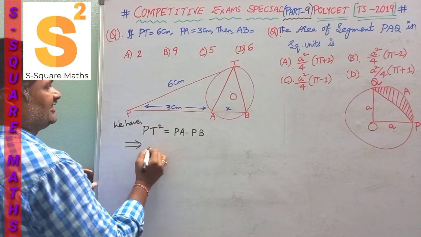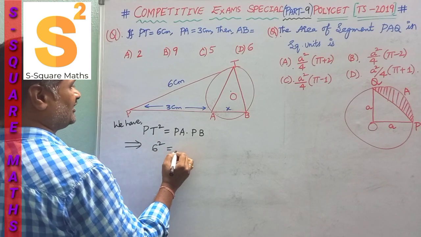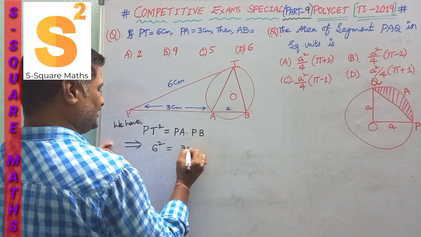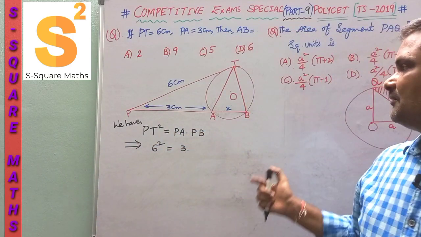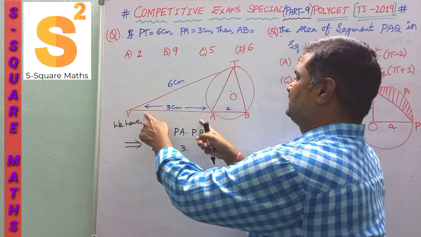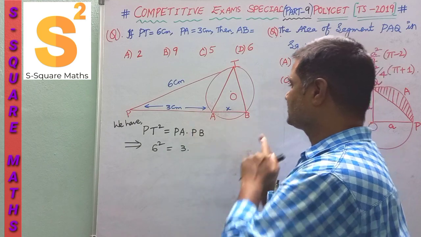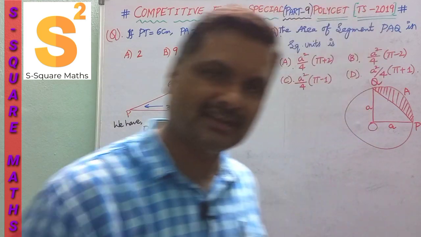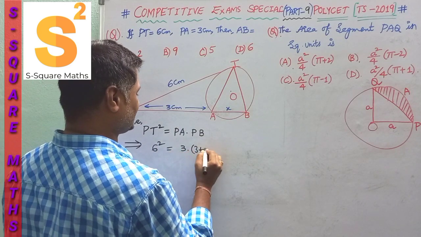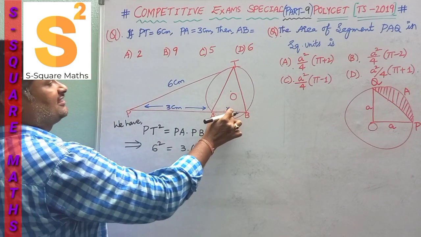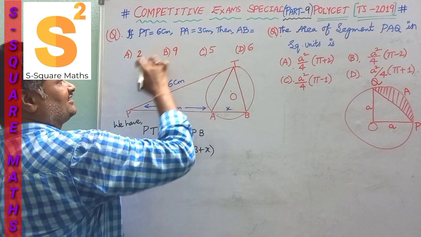So this implies PT is 6, so 6 square equals PA, which is 3, into PB. If you observe the figure carefully, PB is comprised of 3 and X, that is PA plus AB. Directly I am writing, since it is competitive exams, 3 plus X, where AB is X. Our intention is to find this.